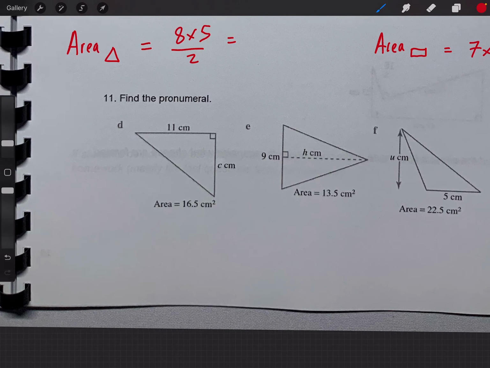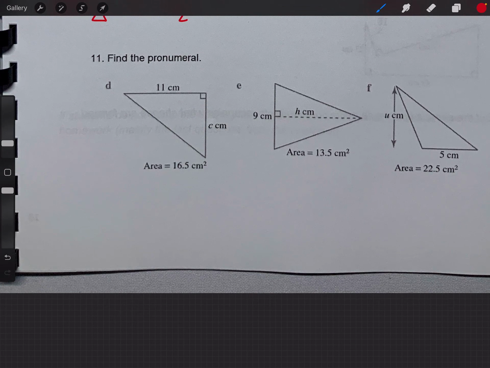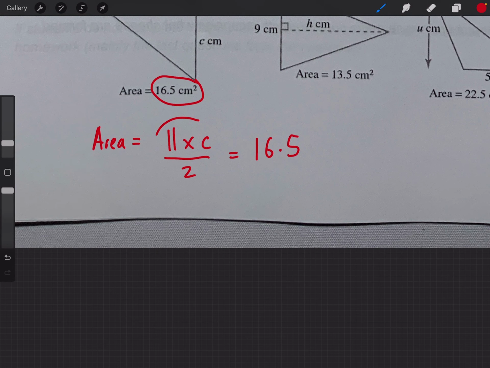Now the next one says find the pronumeral. So we know that the area for this triangle is 11 times c divided by 2. And also it tells us the area is 16.5, so all of that is going to equal 16.5. So what divided by 2 gives me 16.5? Let's double this.